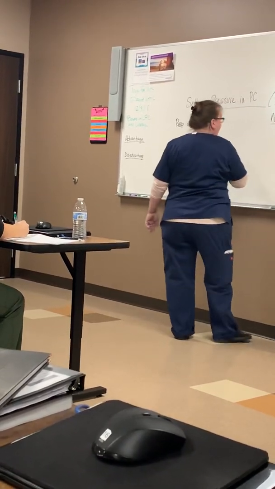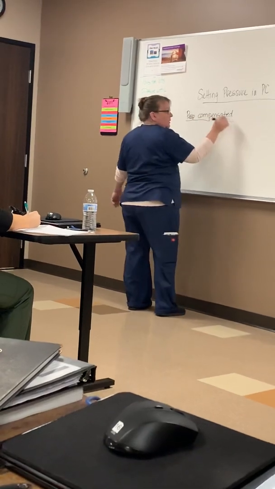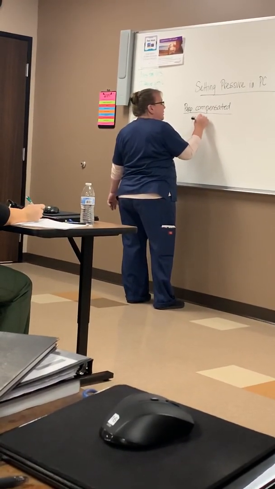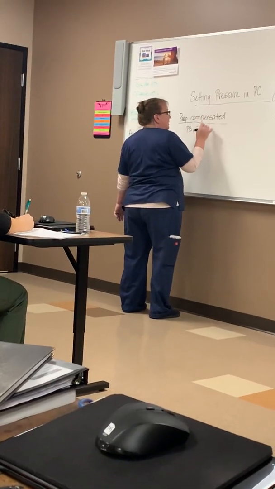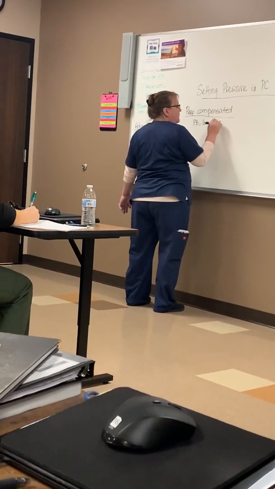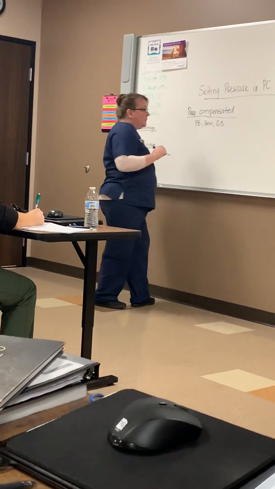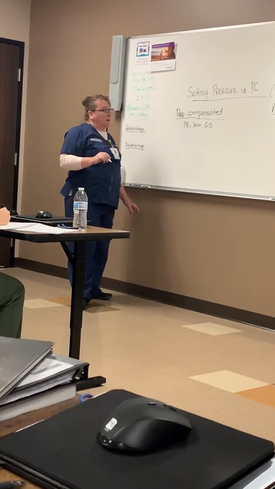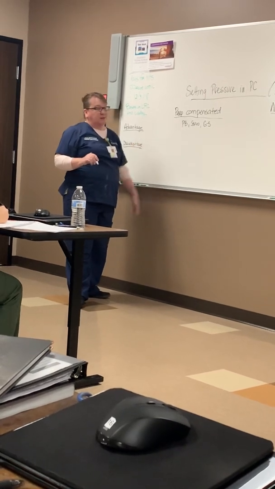Yep, both of them. PEEP compensated, PV, servo, G5. And I'll show you how to know if your vent's PEEP compensated or not anyways, because there's more vents than just these.